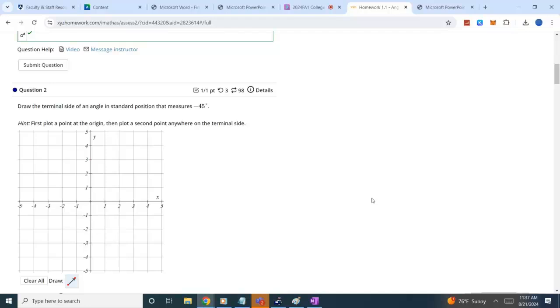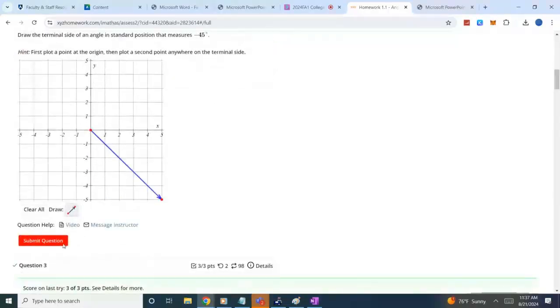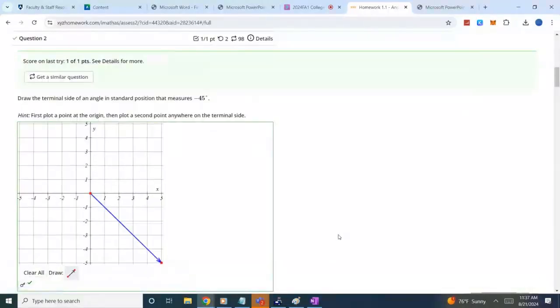So negative 45 degrees. Right, and if this whole quadrant is 90 degrees, I'm just going to cut that right in the middle. So that's going to be in the fourth quadrant. All right, and that should be our plot.